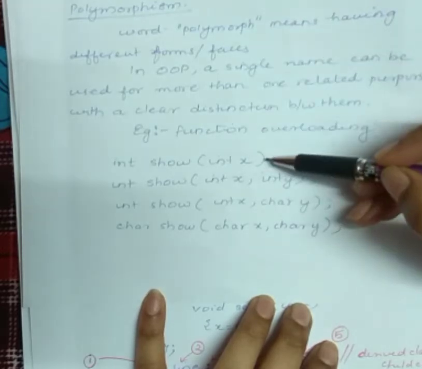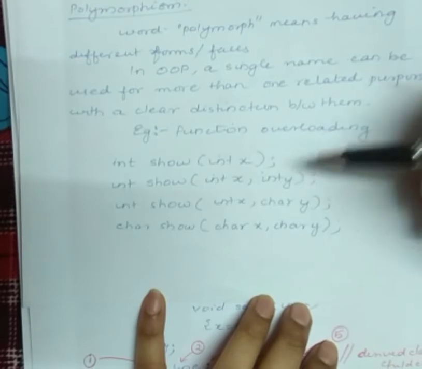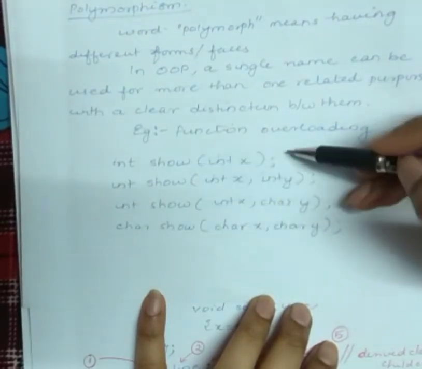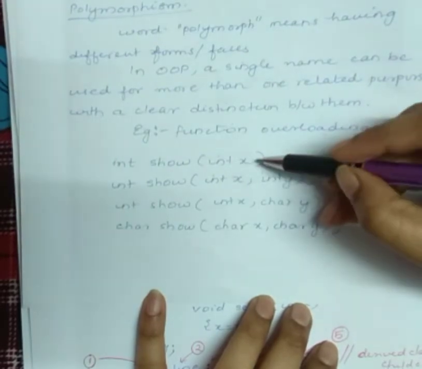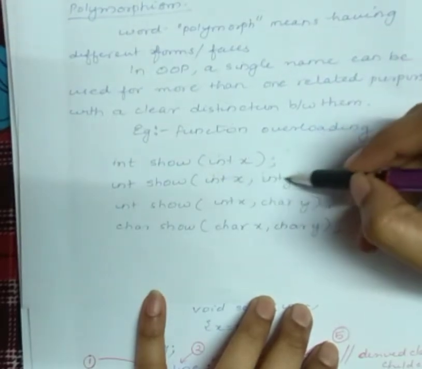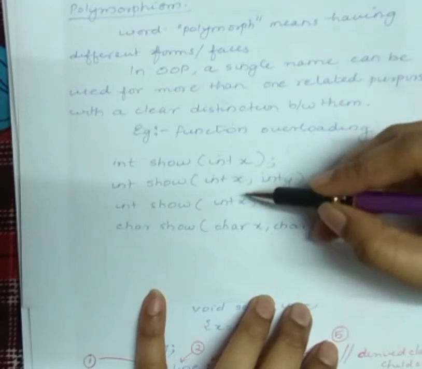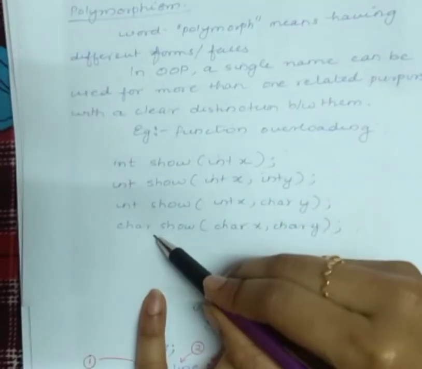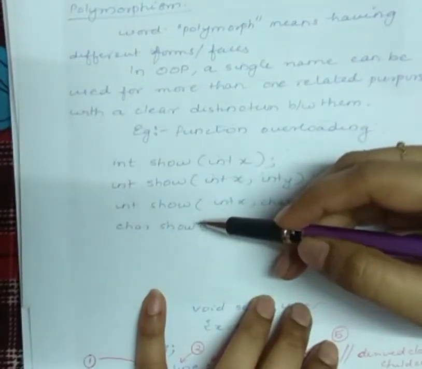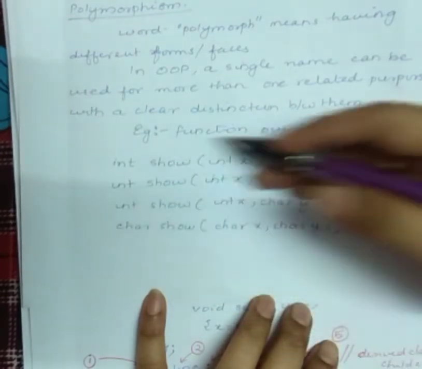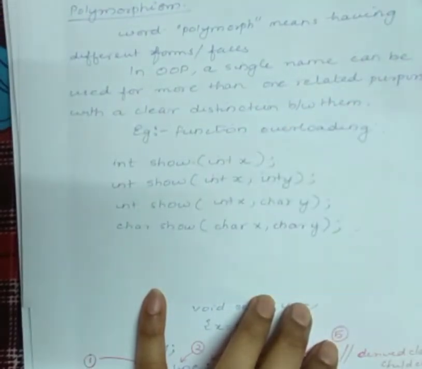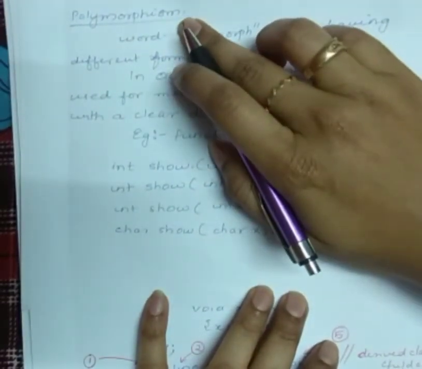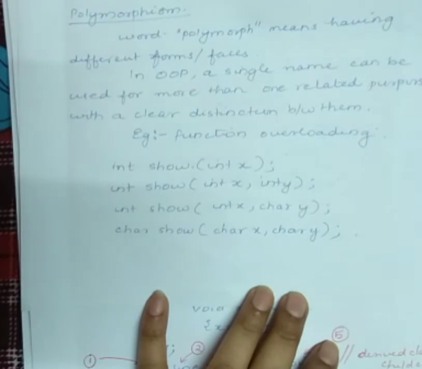In function overloading, I can operate with the same name but different operations, with a change in the number of arguments, the data type of arguments, or the return type of the function. So with the same name, many forms or purposes can be served. That facility is known as polymorphism in C++.